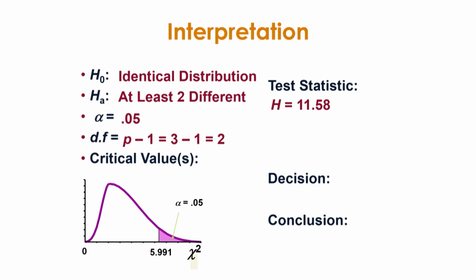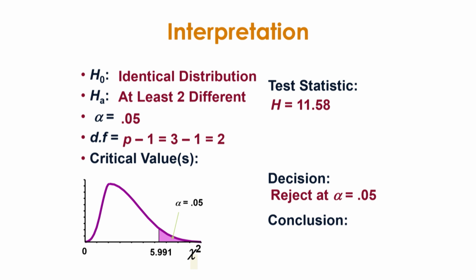Now we are going to do the interpretation. The null hypothesis is identical distribution and the alternative hypothesis is that at least 2 groups are different, with level of significance alpha equal to 0.05 and degrees of freedom 2, as already discussed. The decision is to reject at alpha equal to 0.05.